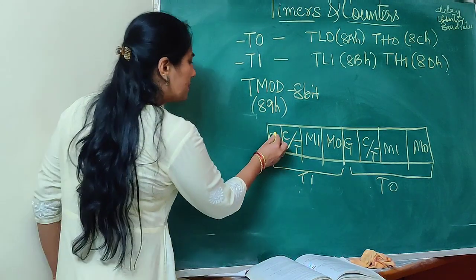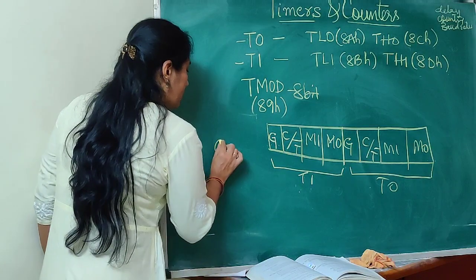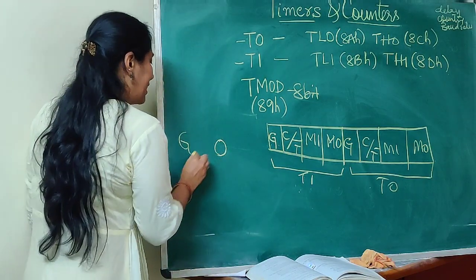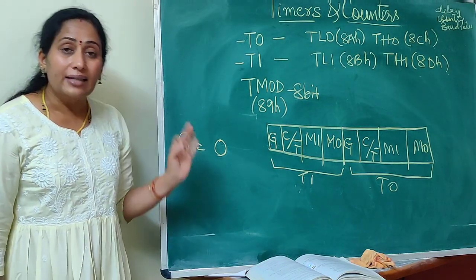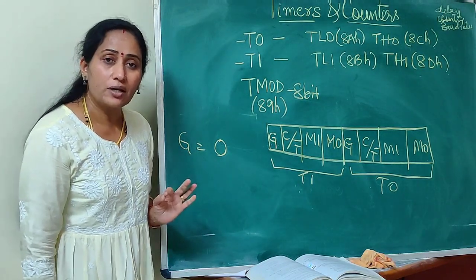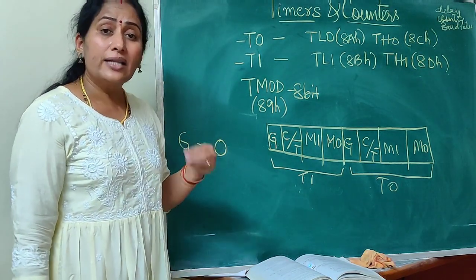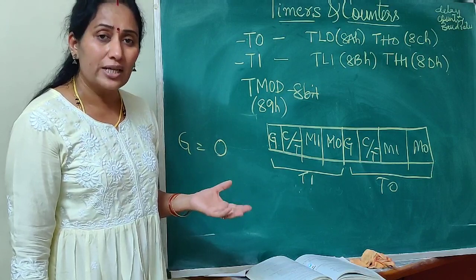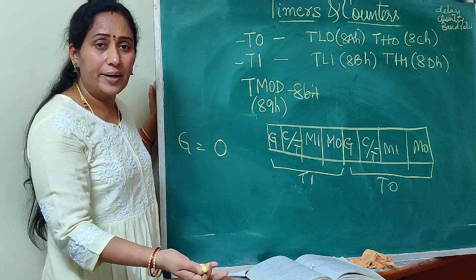Now, this particular gate, if the gate is equal to 0, then I can start the timer operation or the counter operation just by using the instructions. Just by using the instructions, you are going to see in the TCON register the timer run bits.